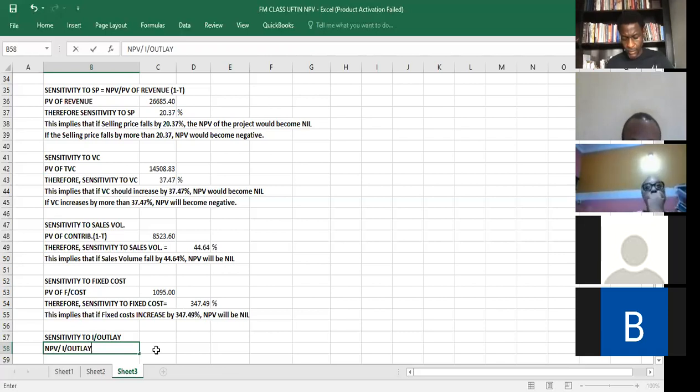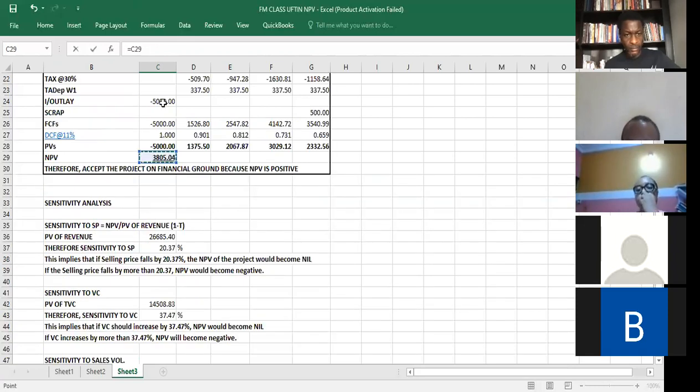So that's straightforward. That is equal to the initial outlay, which doesn't have a tax implication. So NPV divided by our initial outlay, positive.